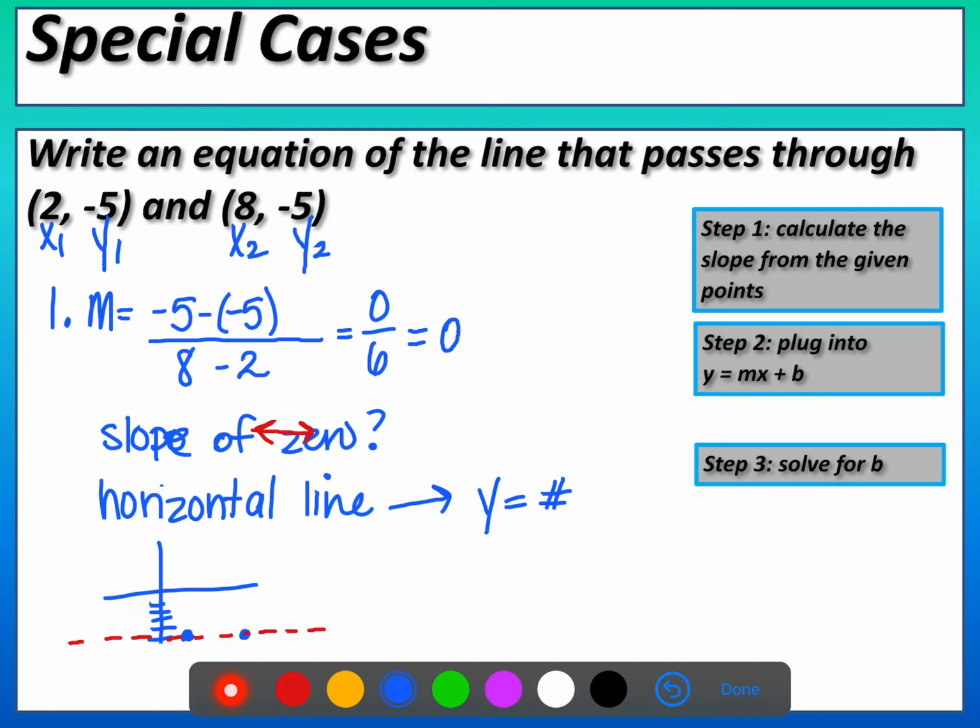So what y value are both of these points going through? They're going through -5. Okay, so those are our two special cases. Whenever you have a 0 or an undefined slope, you can still solve the problem. You just have to think which one is a vertical and which one is a horizontal.